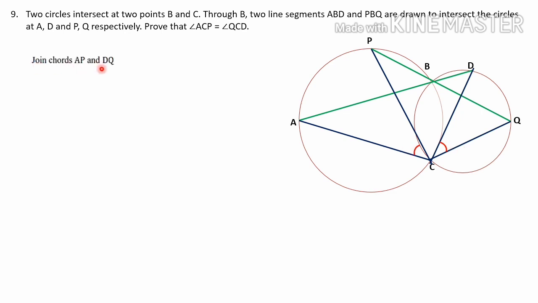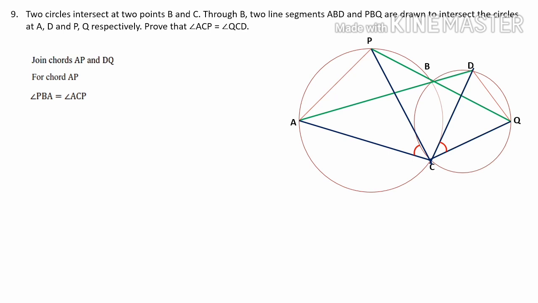Join chords AP and DQ. So we have joined AP and DQ as well. Then for chord AP, angle PBA is equal to angle ACP.